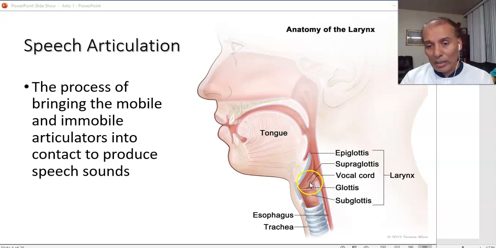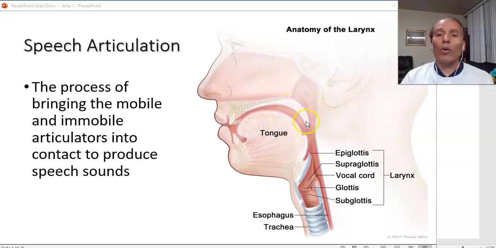The area that is from above the vocal folds to the base of the tongue, we call it the hypopharynx or the laryngopharynx, from larynx. So this is the larynx, and then you say laryngopharynx or the hypopharynx. The part that's across from the tongue, from the oral cavity.